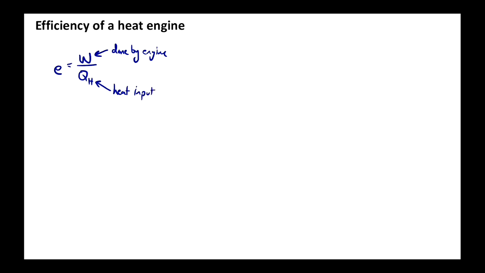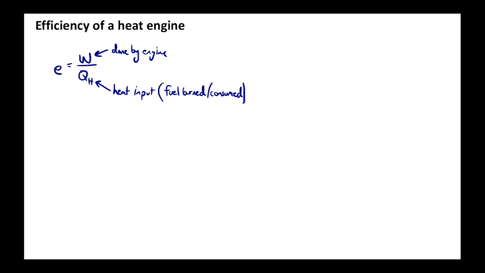And this heat input, QH, is going to come from some type of fuel that's burning. I have to consume something to get this work to happen. So this will be measured in fuel burned, consumed. How much work do I get out compared to how much energy or heat I put in?